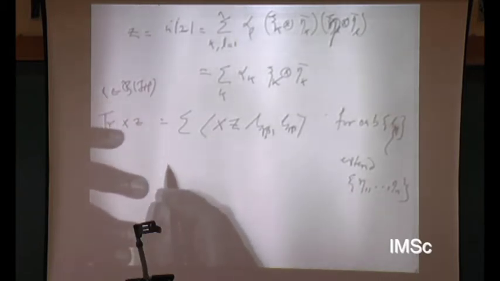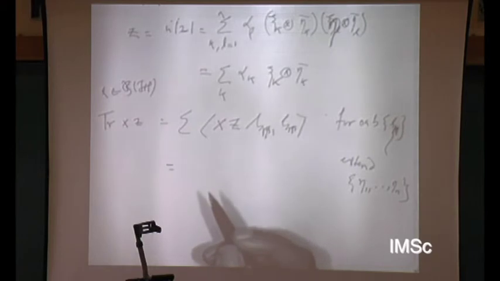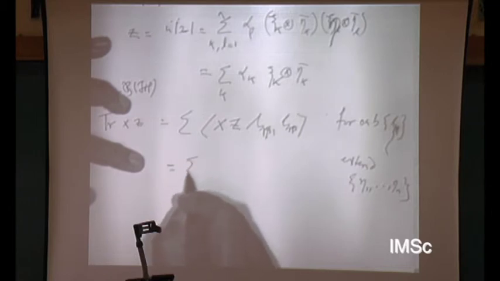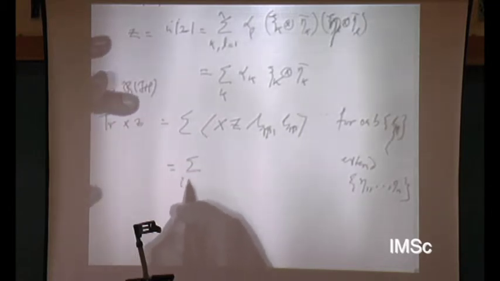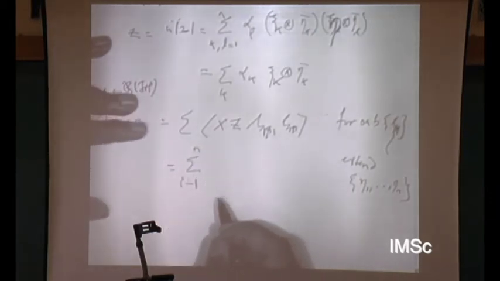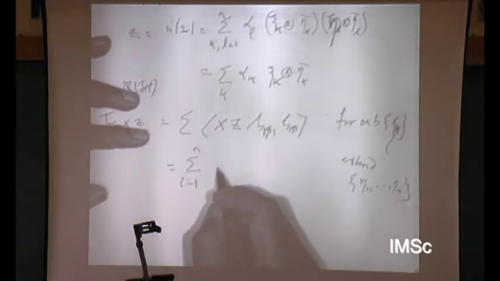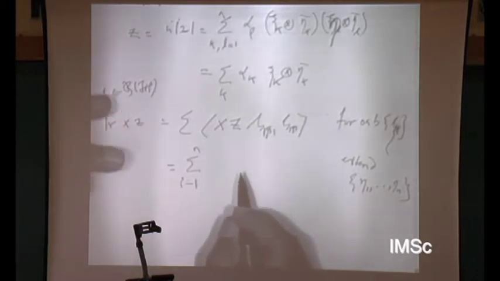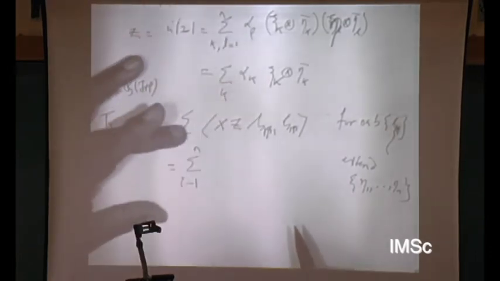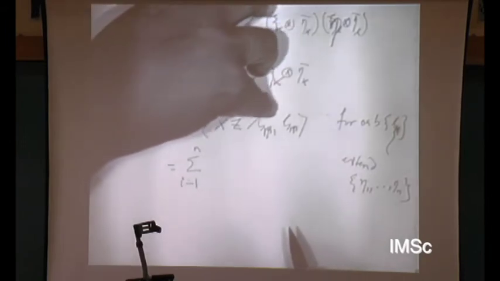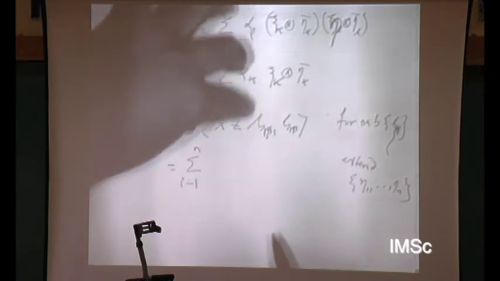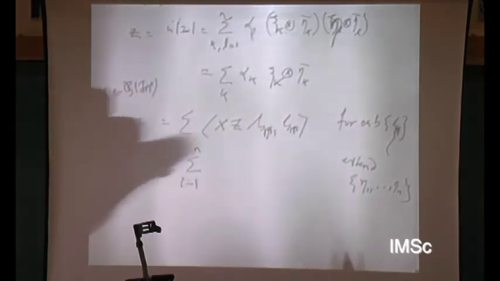So what will the final answer be? Summation i equal to 1 to m, inner product of x z zeta i, zeta i. So let us see. If you take for the first m, what is z zeta i? The first so many zetas are just etas.